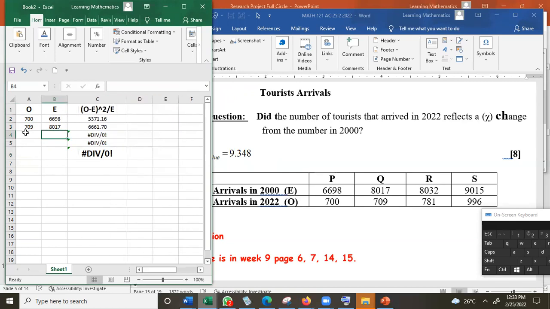In cruise ship R, you observed 781, but you expected 8032. And in cruise ship S, you observed 996, but you expected 9015.